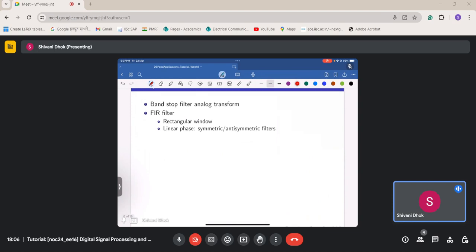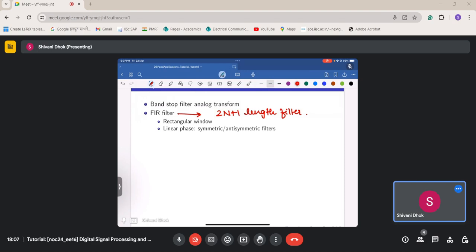After that, we went on to design a FIR filter, that is finite impulse response filter. So basically, we looked at the designing of a 2N plus 1 length filter.